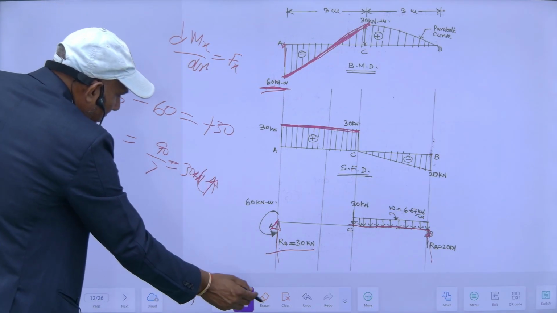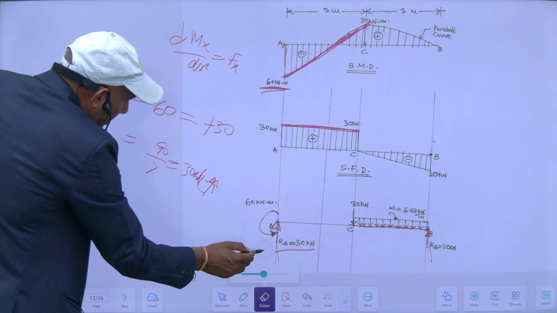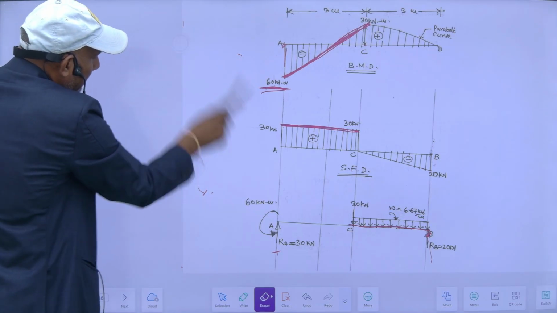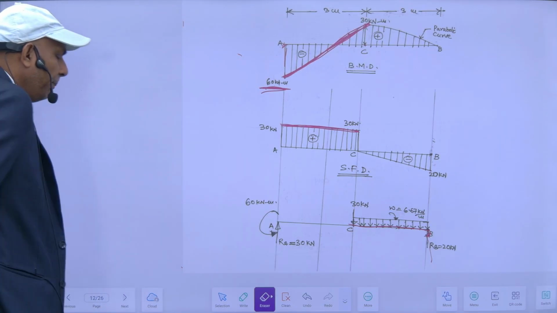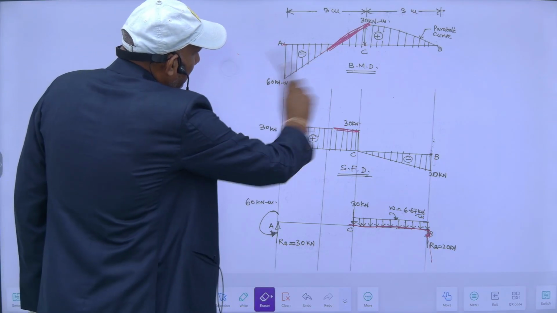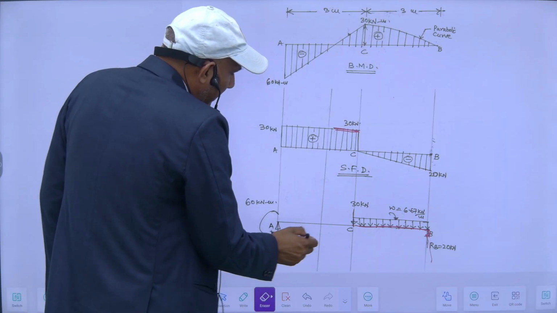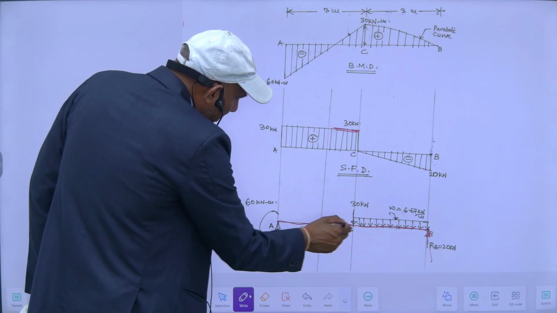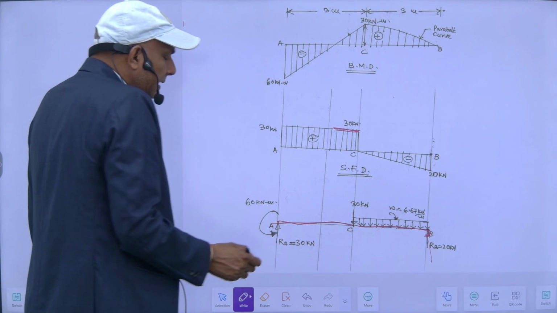So this I get: Ra and the couple, and parallelly I will also draw the bending moment diagram. Now there is no load in between. Let's start the shear force diagram for this portion.